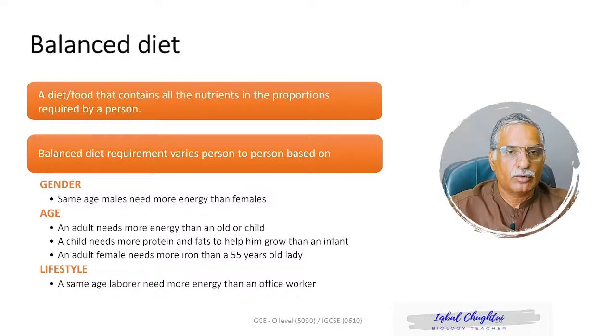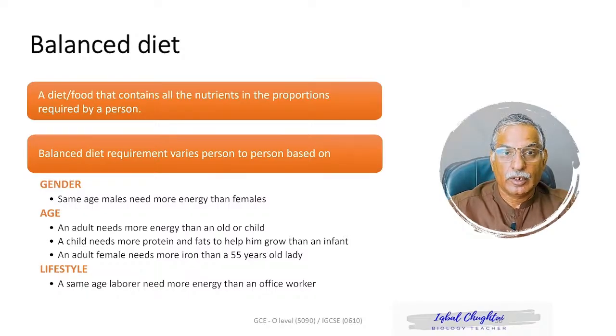So that is actually based on their energy level. So, one thing I repeat, a balanced diet has all the nutrients in the desired proportions, and the proportions desired are based on the lifestyle, the age, and the gender of the individual.